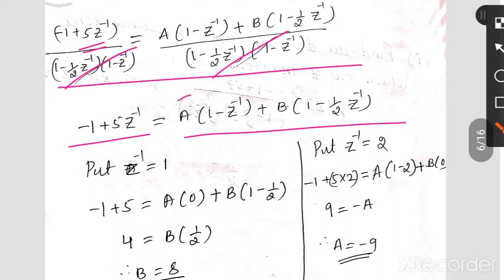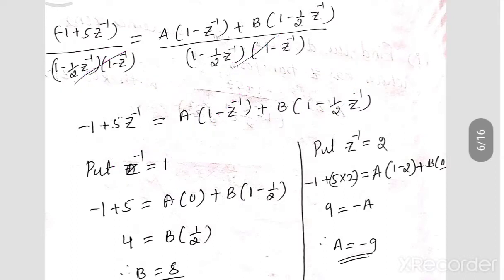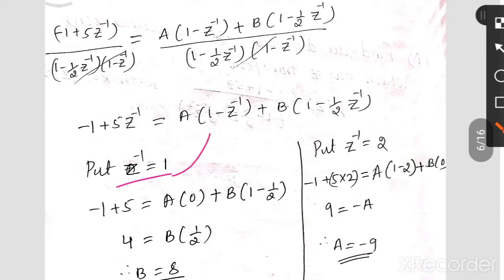So we have to get the values of A and B. For that, put z raised to minus 1 equal to 1 to make A equal to 0, and put z inverse equal to 2 to make B equal to 0. Okay, put z raised to minus 1 equal to 1. Why do we have to put it? Because the A term we have to bring to 0. That time B will be present and we get the value of B here.